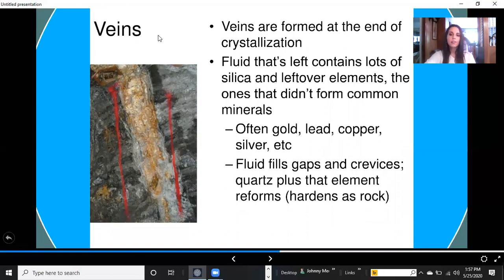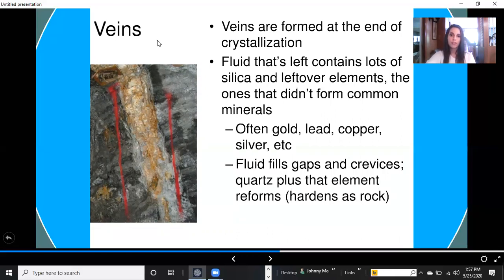So you have this fluid that's left over. It contains lots of silica and other leftover elements that didn't form common minerals. You can have things like gold, lead, copper, and silver. So fluid fills the gaps and the crevices, and then quartz plus whatever that element that's left over reforms and hardens as rock.